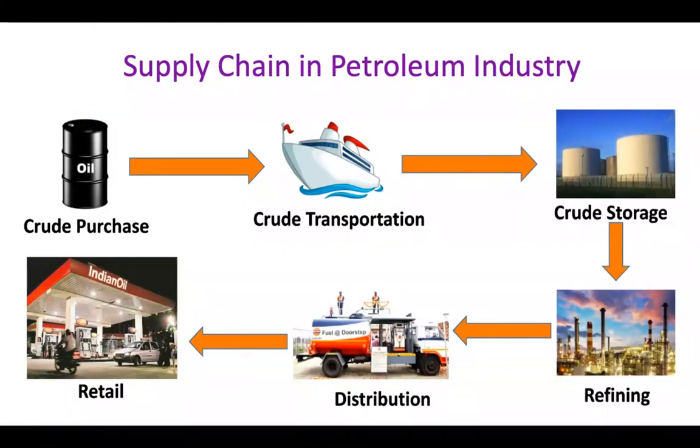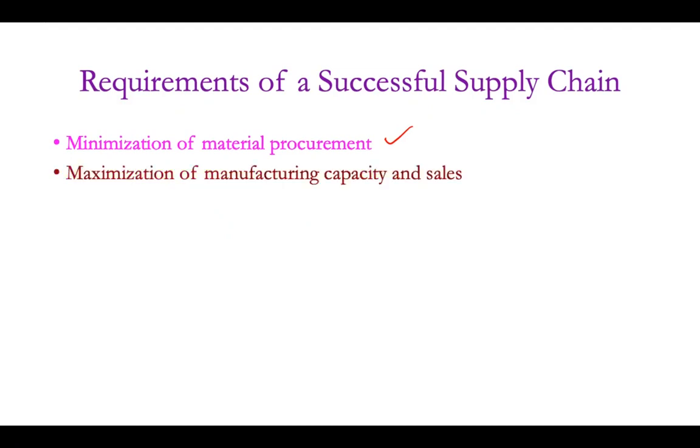They need some information. So what is that information? The requirements for a successful supply chain management system: they must minimize the material procurement right from your crude oil, and they must minimize your manufacturing capacity and the sales capacity.